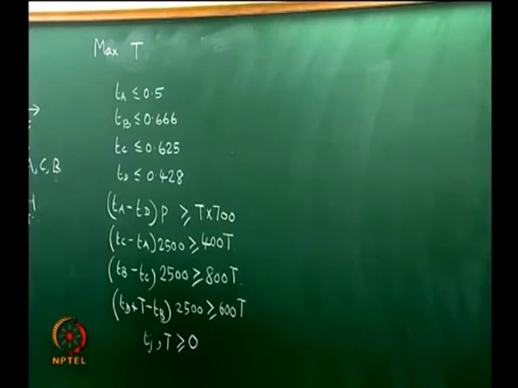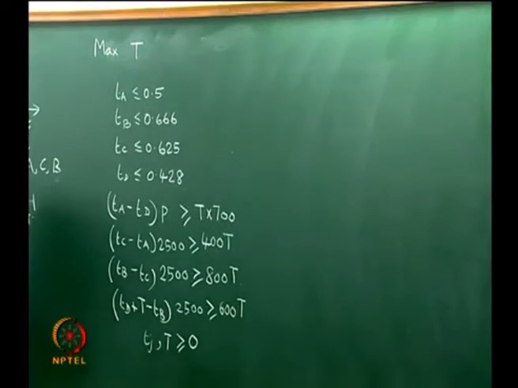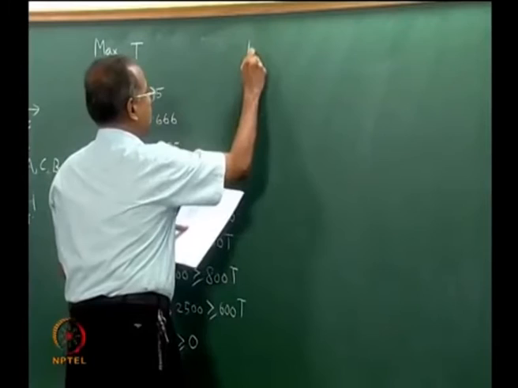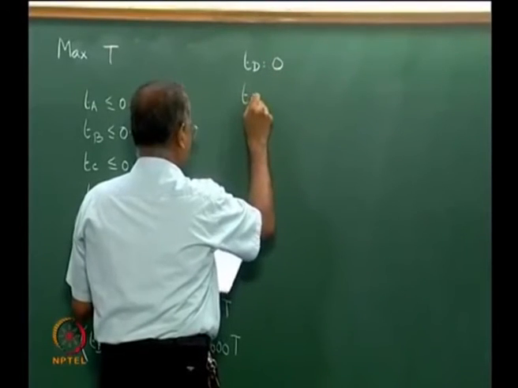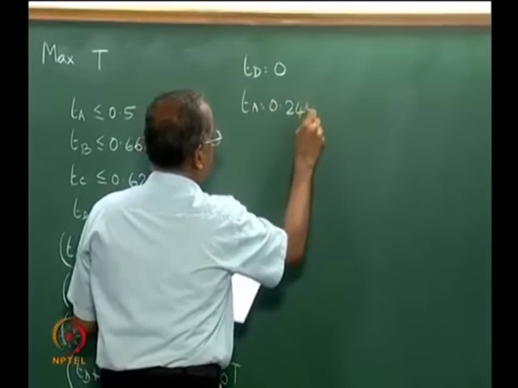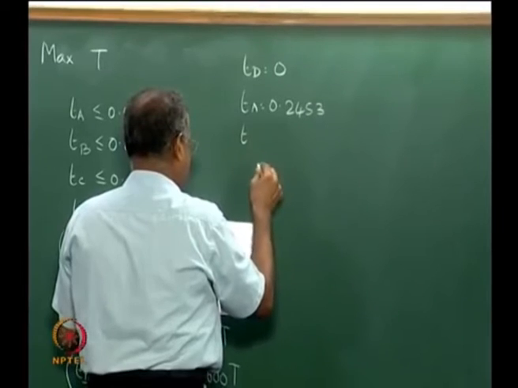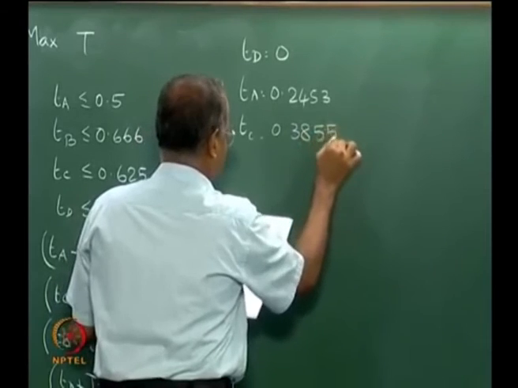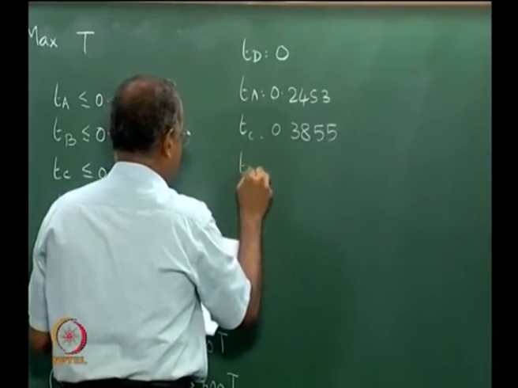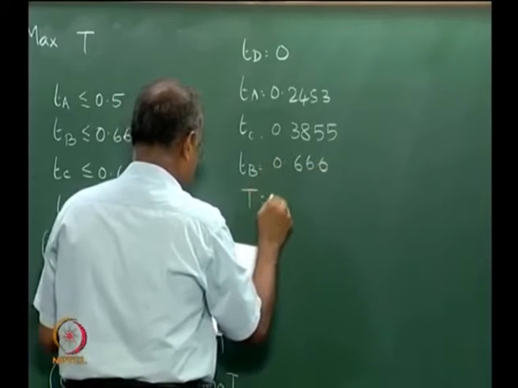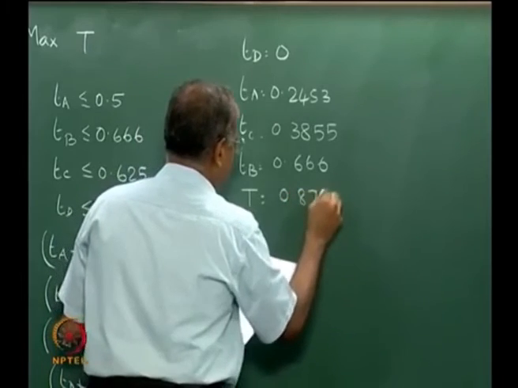and then let us say that if we solve this linear programming problem, we get an optimal solution which will be like this. The optimum solution to our example is TD is equal to 0, TA is equal to 0.2453, TC is equal to 0.3855 and TB is equal to 0.666 and capital T is equal to 0.8763.